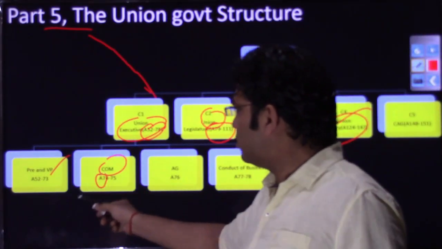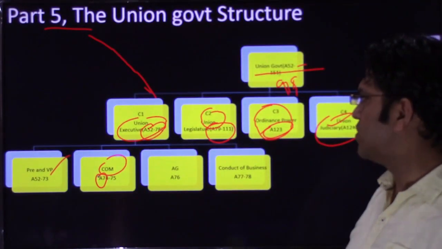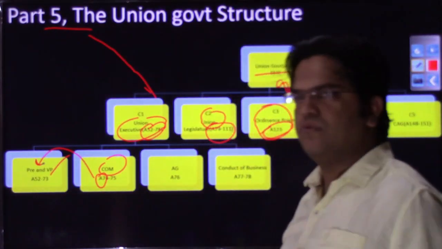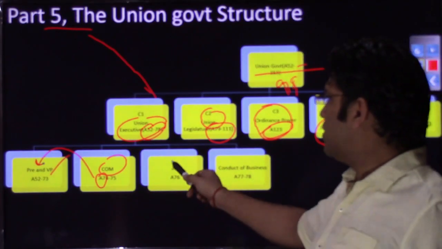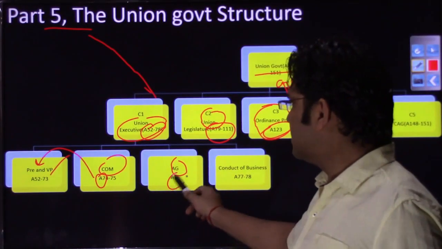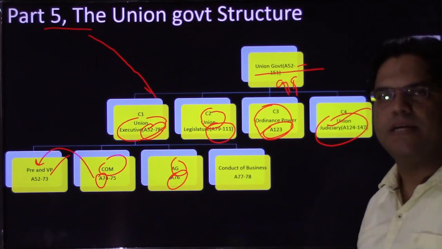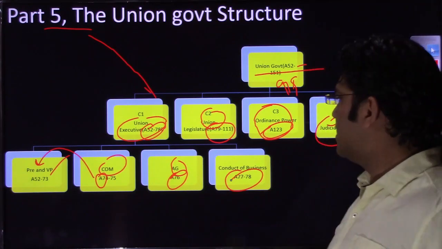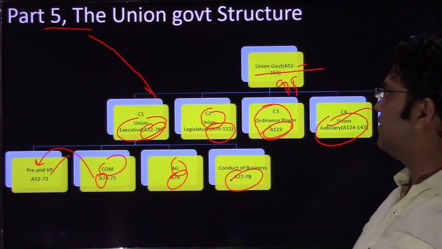The first clause of Article 74 we will discuss in this chapter as well, because it has a relation with the President, so need not worry. Then the Attorney General, only 1 article, Article 76, and 2 articles dedicated to the conduct of business of the executive, Article 77 to Article 78.